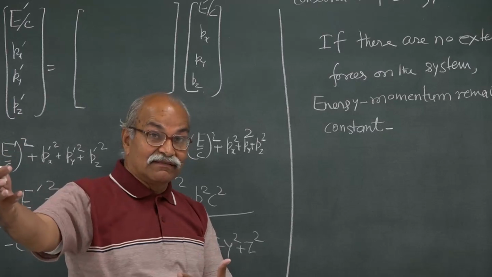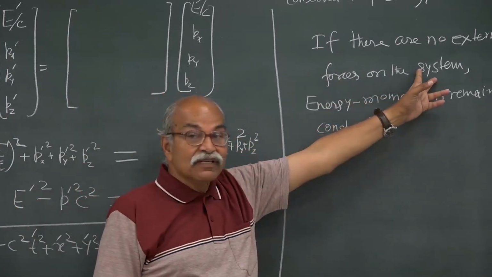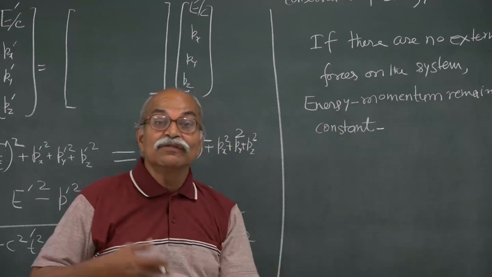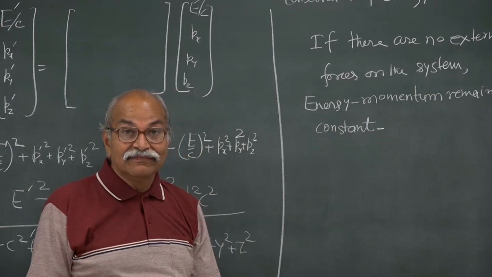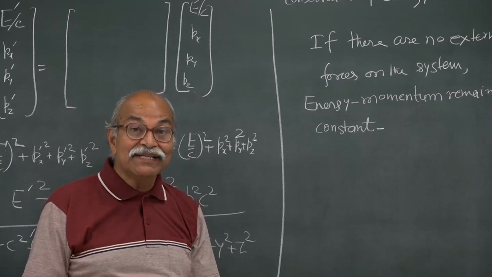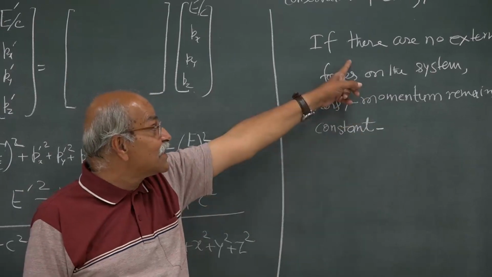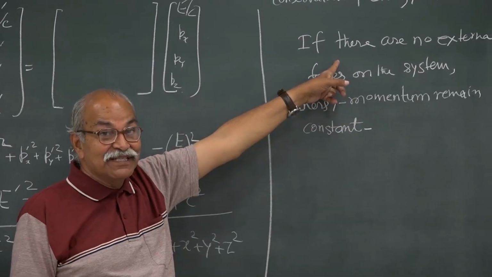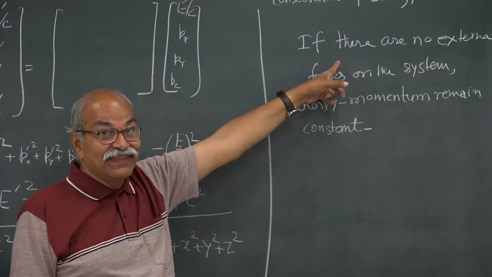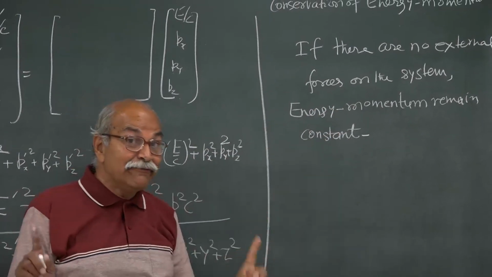Time passes, and the system may undergo changes. Its energy and its momentum have to be seen. If no external forces are there on the system, then this energy-momentum remains constant. I am using the same frame.